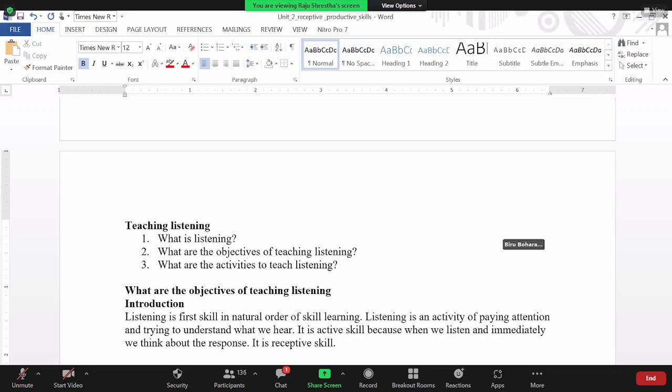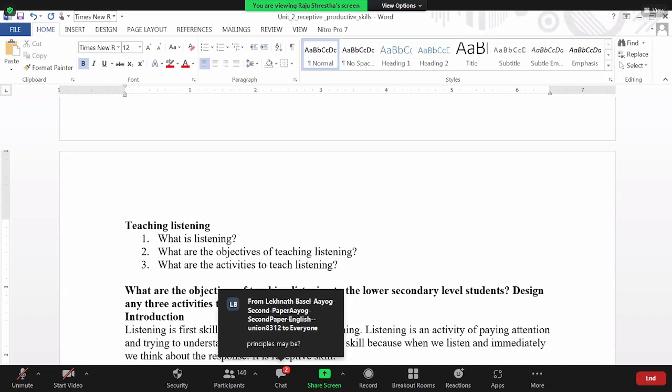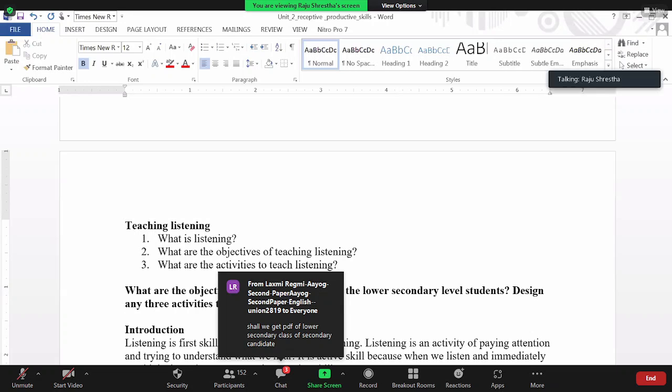What are the objectives of teaching listening to the lower secondary level students and design any three activities to achieve those objectives. यो क्वेशन भयो भने अब यो क्वेशन what are the objectives of teaching listening to the lower secondary level students? Design any three activities to achieve those objectives.